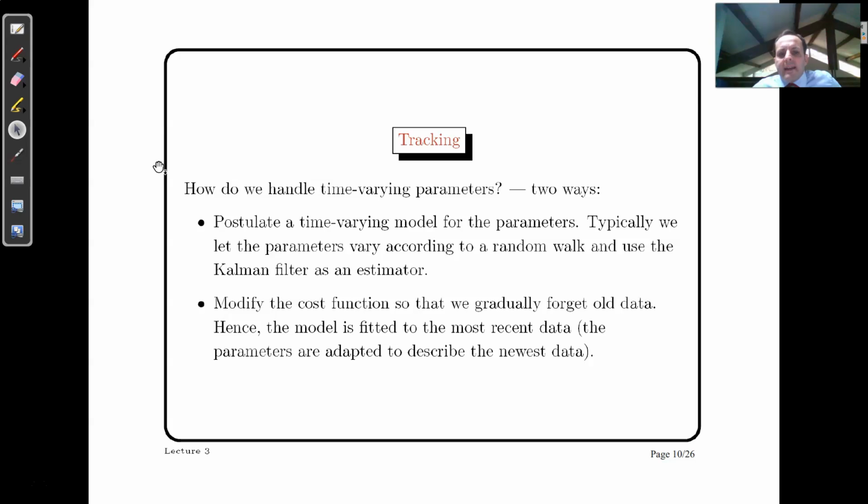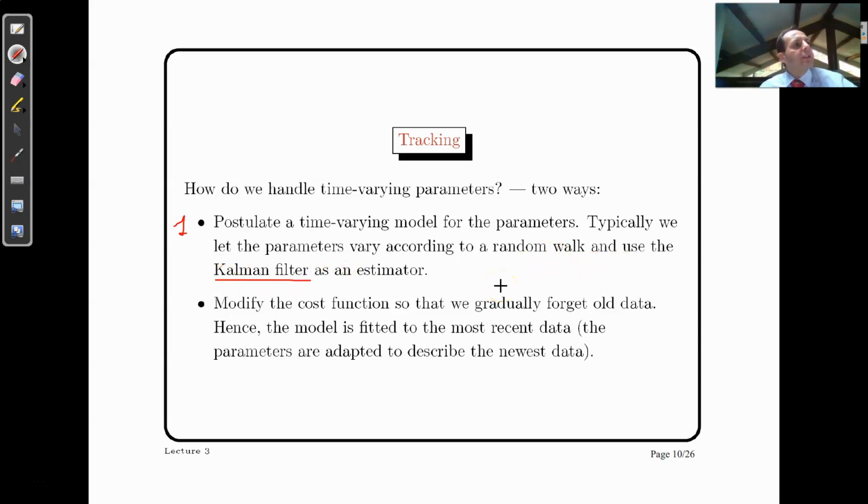So how can we handle, because we also mentioned the problem of time varying parameters. Normally there are two ways of managing time varying parameters. The first approach, for those of you who are familiar, can use a Kalman filter.